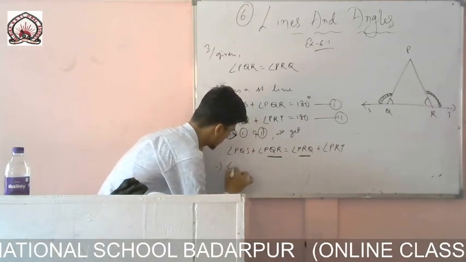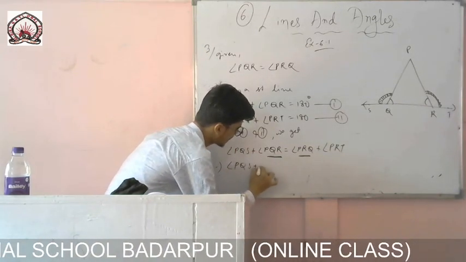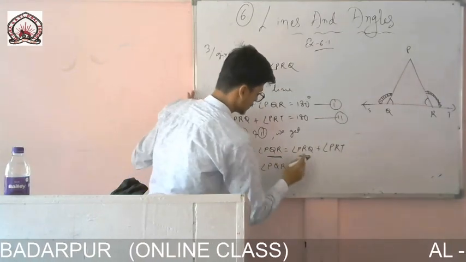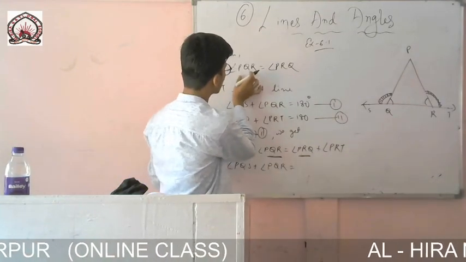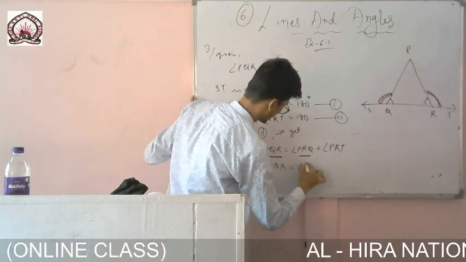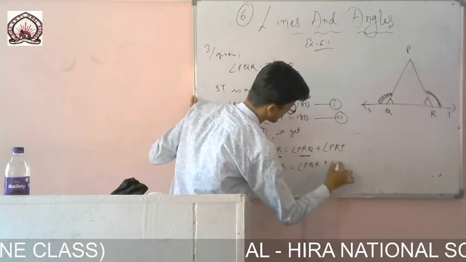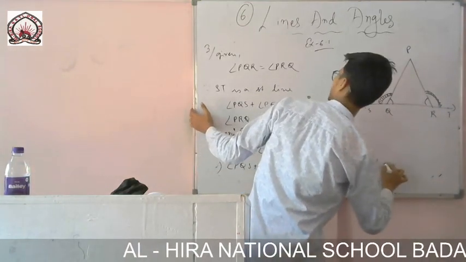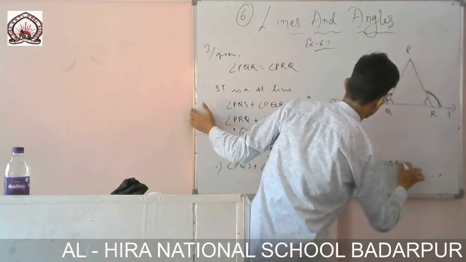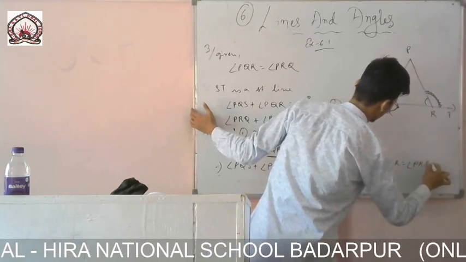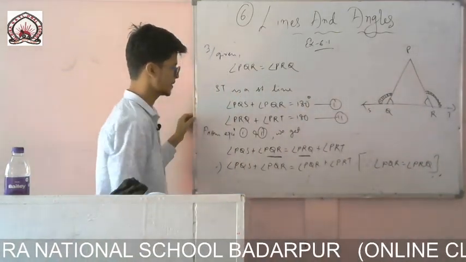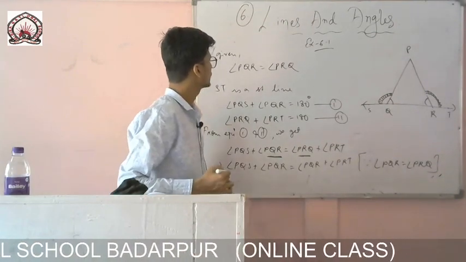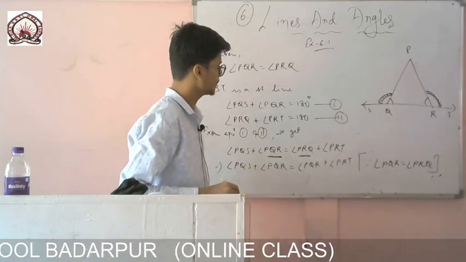So I will change it like this: PQS plus angle PQR. Let me keep it the same and let me change this one. So PRQ I can write as PQR plus angle PRT, since angle PQR is equal to angle PRQ.